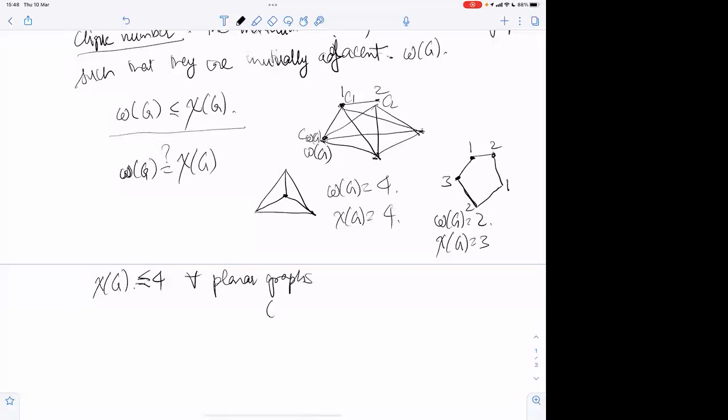And it's classically stated in terms of maps. So in terms of maps, it is the 4-color theorem. Correct? Which was proved in the 70s.